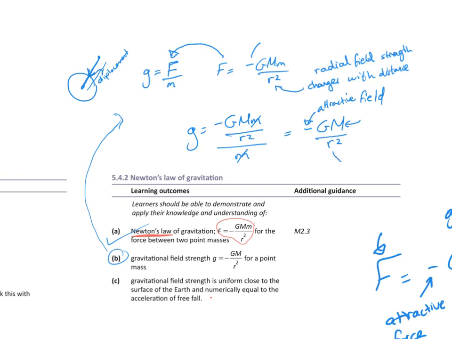So that's the distance from the center of mass to that point in the field that we're looking for, the separation basically again. I will go through a graphical analysis in the next video.